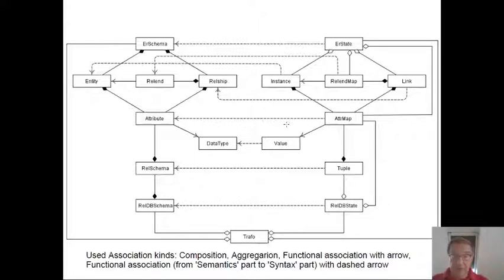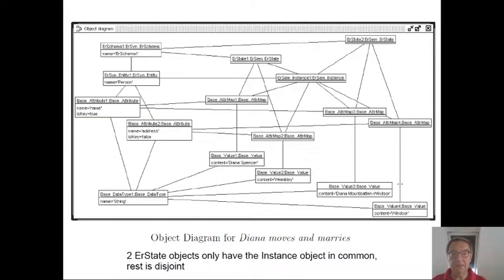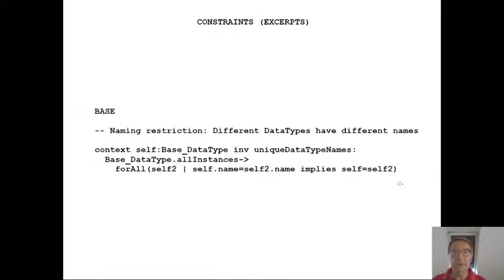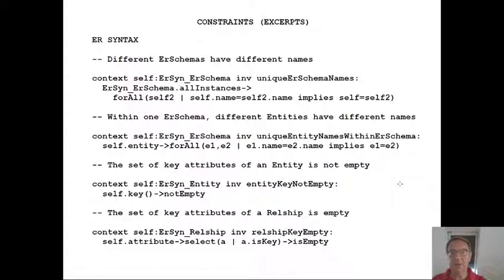A central ingredient in this course was, of course, to have constraints, and this meta model class diagram has to be restricted by a lot of constraints, and we have also discussed some example constraints.